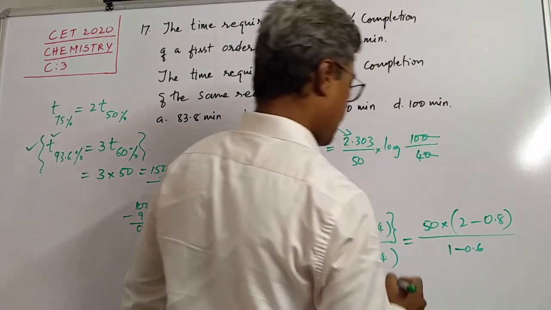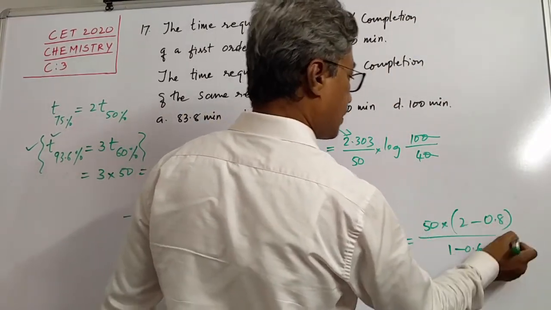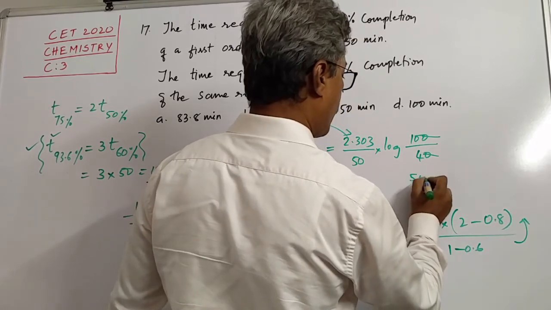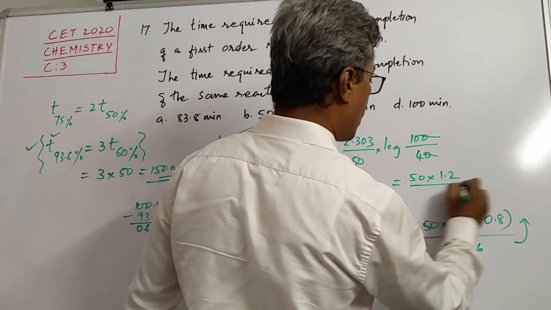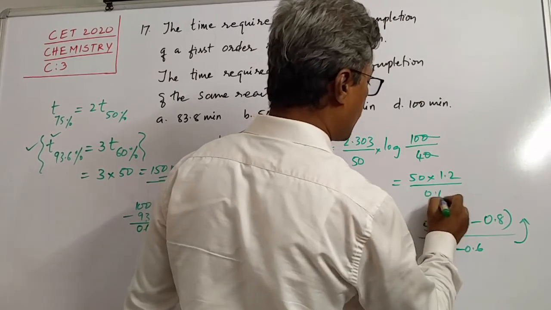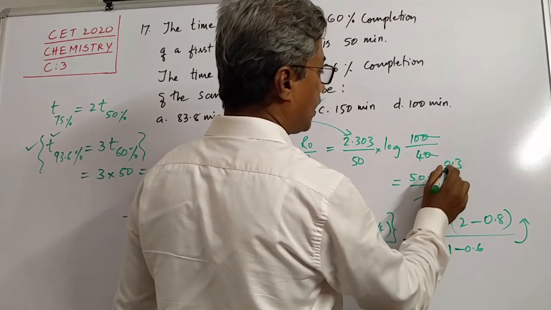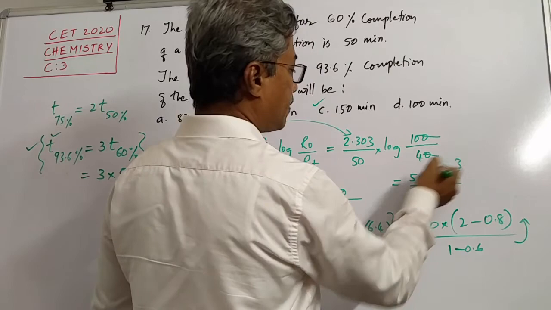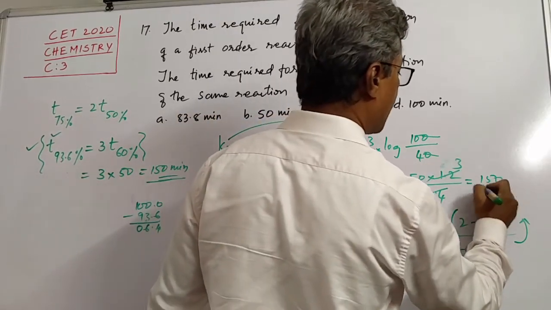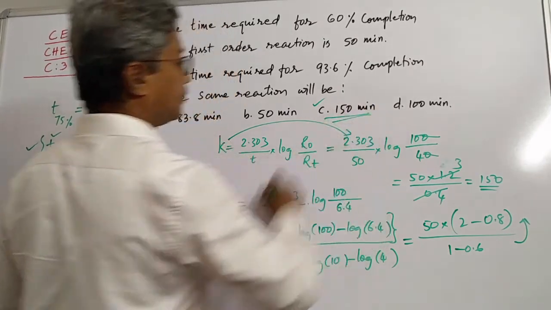It can be written as 50 into 1.2 divided by 0.4. Now 3 is a, which means 50 into 3 is 150. Therefore the answer is 150.